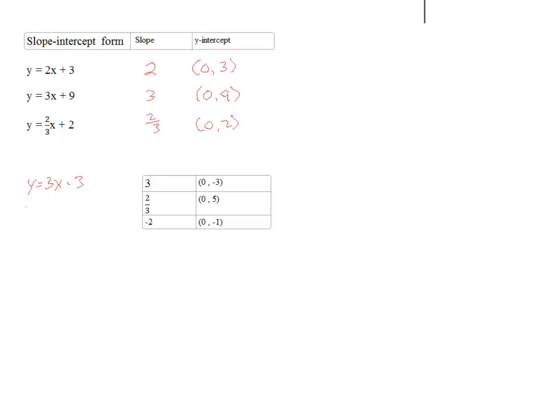And the next one always starts out with y equals, so we got that. And 2/3 is our slope, so 2/3 would go in front of our variable. And 5 is our y-intercept, so our b is plus 5. And the next one, y equals negative 2 is our slope, so that goes in front of our variable. And negative 1 is our y-intercept, so that would go for our b.